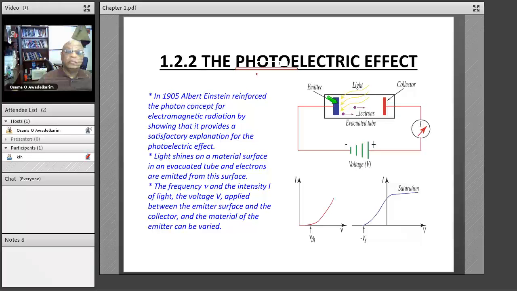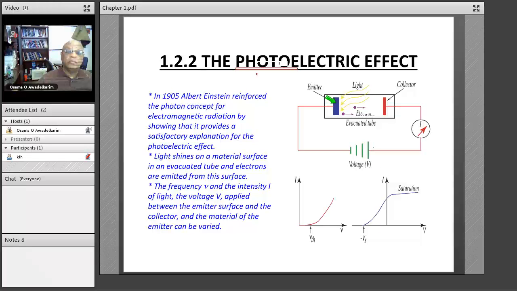One of them is the emitter, because it's connected to the negative side of a battery, and the other one is the collector, because it's connected to the positive side of the battery. Then we have an ammeter, which measures the current. All inside this chamber is vacuum, evacuated to a very low pressure, and these two conducting plates are separated from one another.